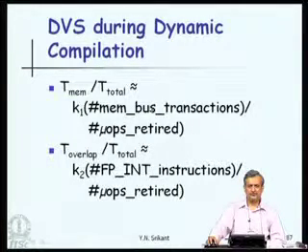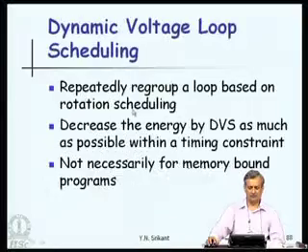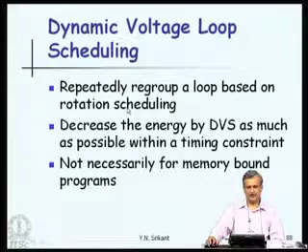So, computing the relative CPU slack is a fairly straightforward process once we compute these two quantities. Remember, these are obtained from the performance counters. So, that was about using dynamic voltage scaling inside a dynamic compiler.